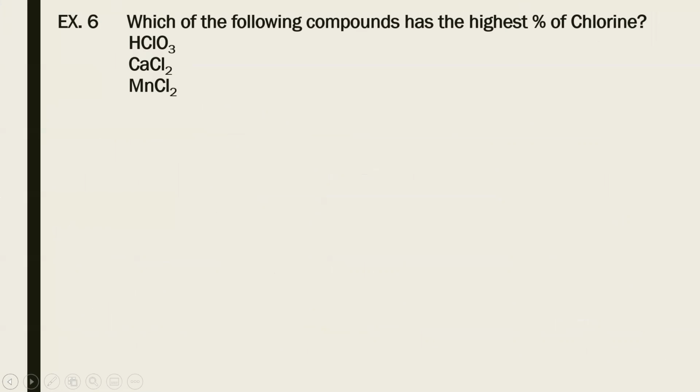So in this case, you're wanting to find the percentage of chlorine. So once again, you have to break it down. Remember, this is chlorine, not capital C and then an I. An I would have a top and a bottom on it like that.